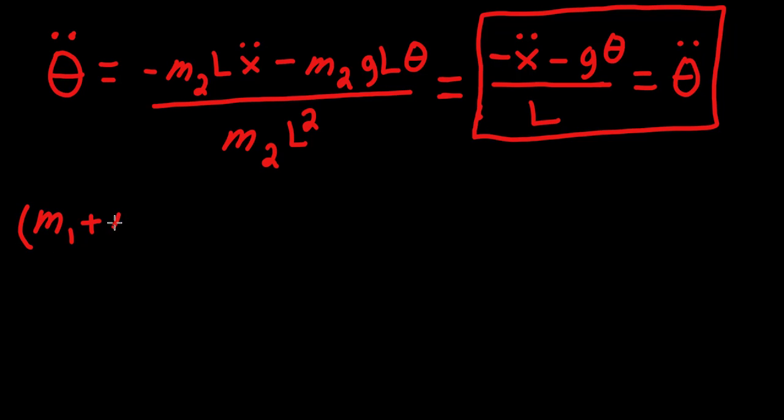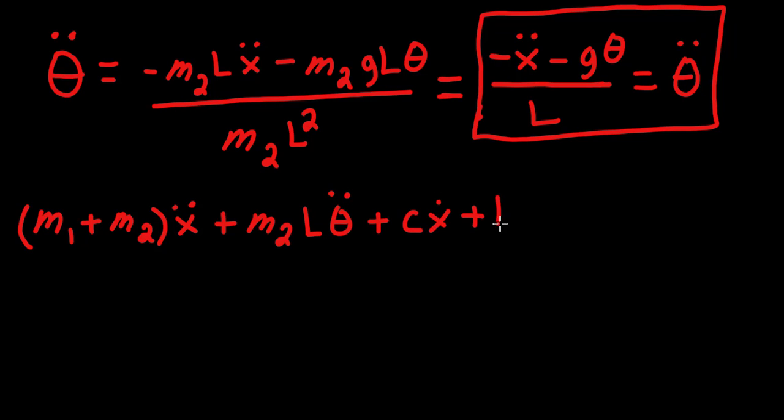So I have m1 plus m2 times x double dot plus m2 L theta double dot plus c x dot plus kx equals f of t. And that x did not show up like it was supposed to, so let me take care of that. There we go. So this is the first equation that we had.